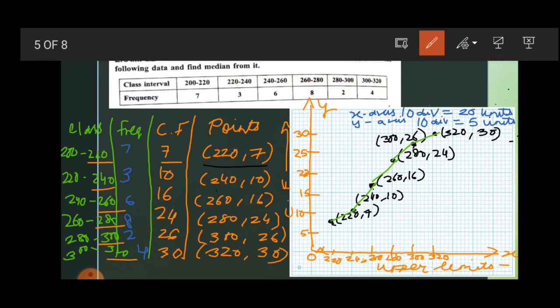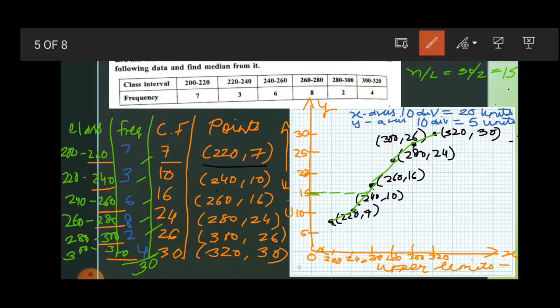Now to find the median, find the sum of frequency n. 7 plus 3 plus 6 plus 8 plus 2 plus 4 is 30. So n by 2 is 30 by 2 equals 15. Mark 15 on y-axis and draw a line to intersect the curve.